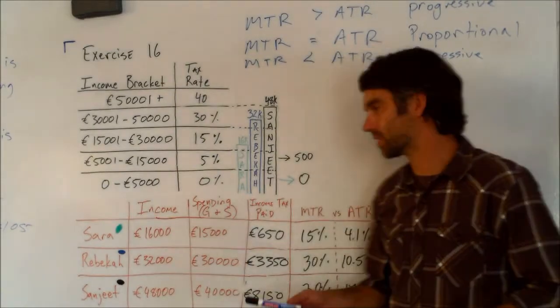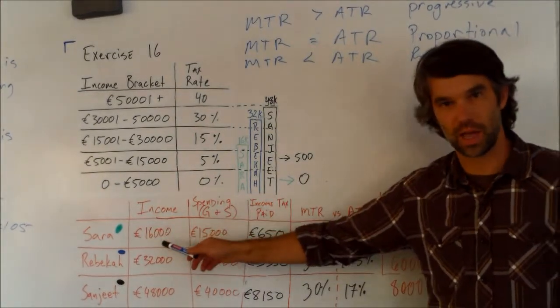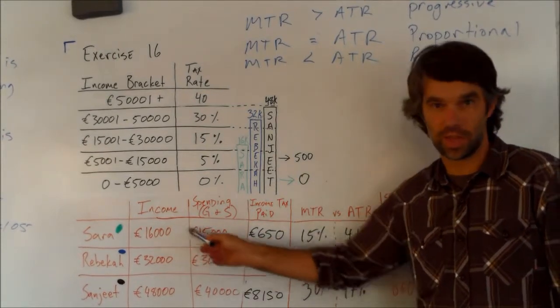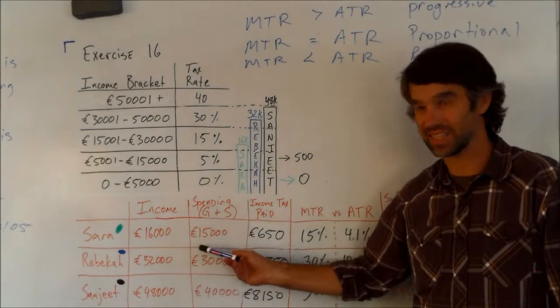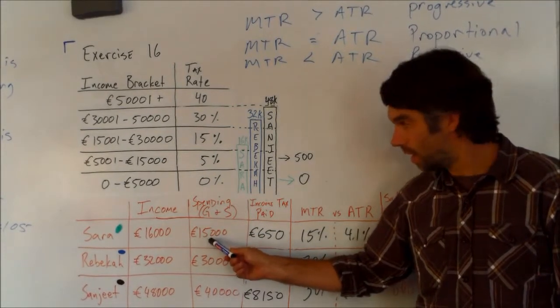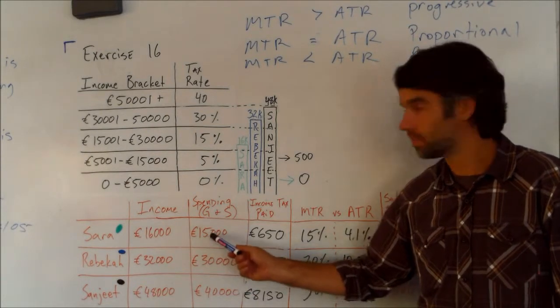And quickly notice what's going to happen here. If you compare the goods and services to the actual income, you'll notice that these two guys have the exact same ratio that they're spending. And they're spending most of their money on goods and services, so they're saving very little.